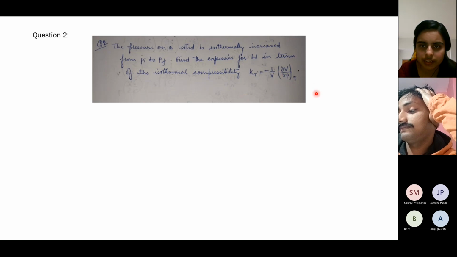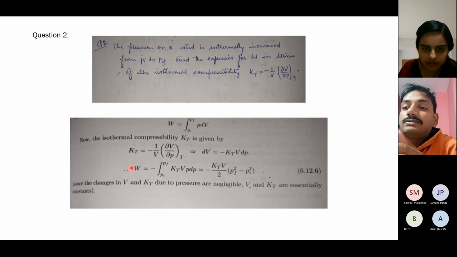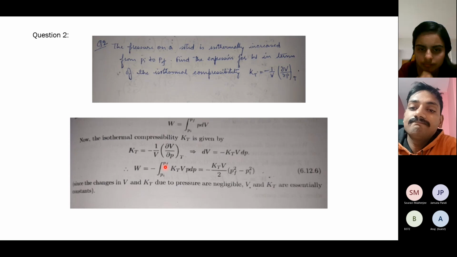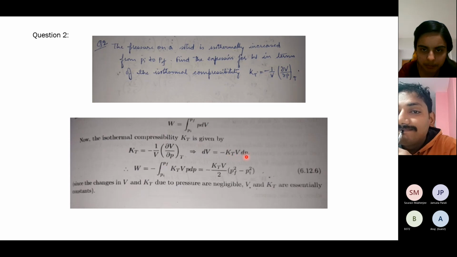Okay. So in that way, you find an expression for dV, a relation which relates the change in volume with the change in pressure, right? Yes. So we multiply, it will be minus kappa T V into dP on one side, and we have the expression for dV.